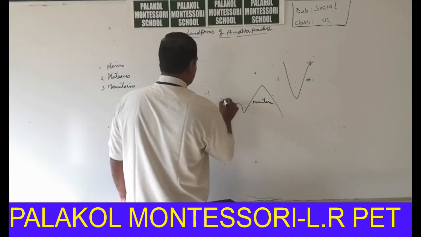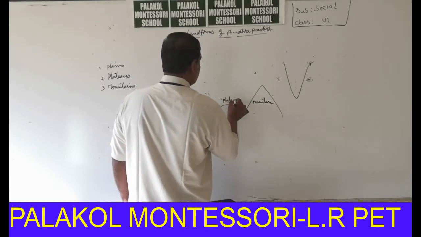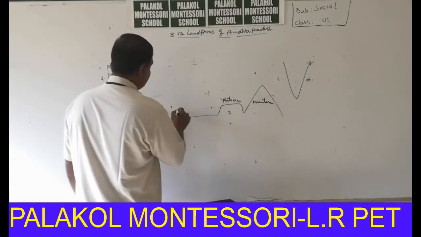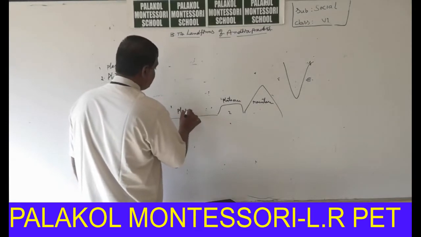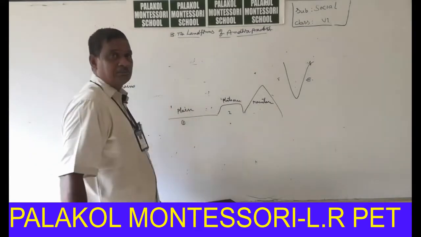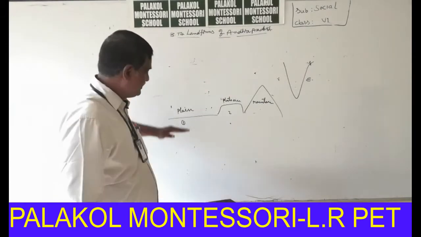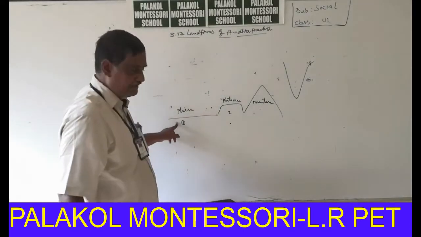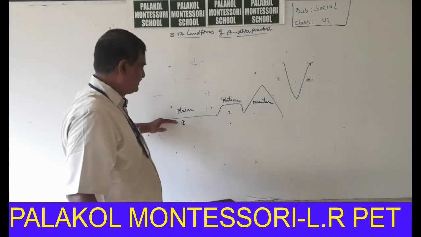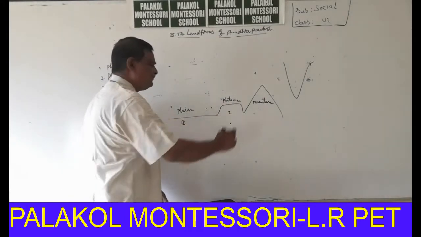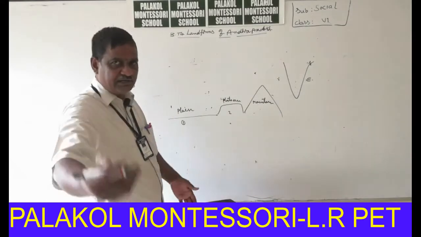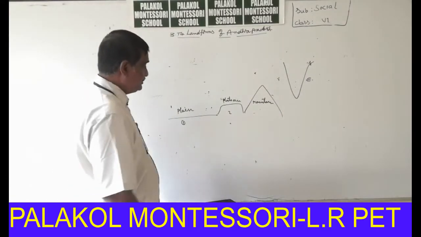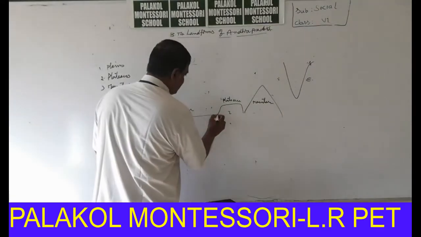Plateau. You observe. Understand? The first picture is called plain. We may move very easily without any trouble.